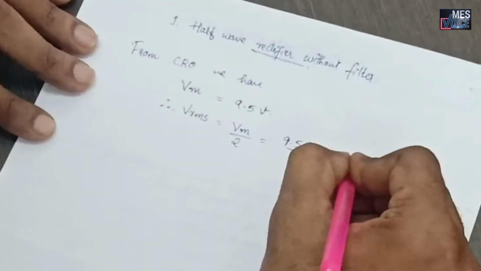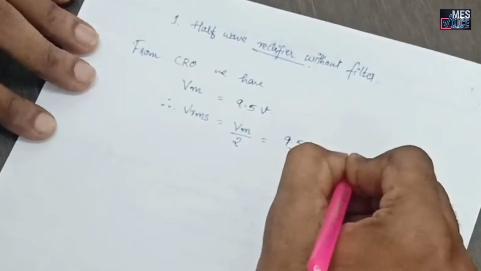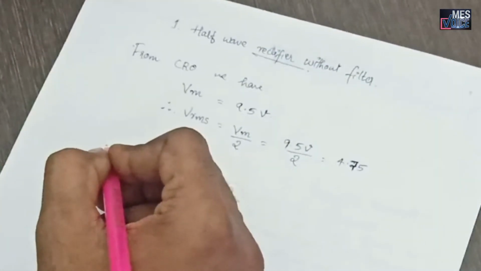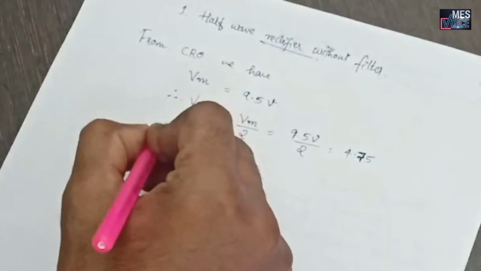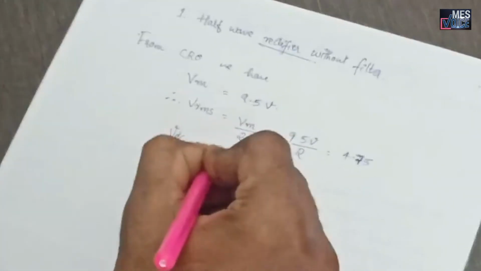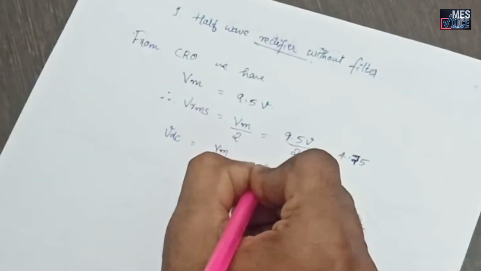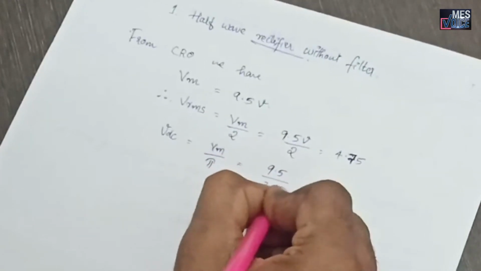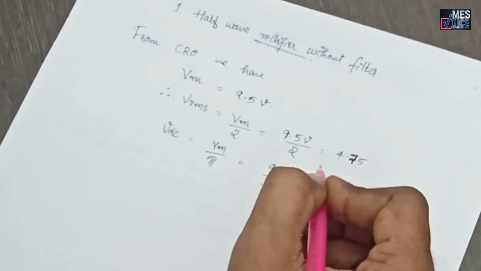Now we have to calculate the VDC to calculate the ripple factor of the half wave rectifier. So we have VDC equal to Vm divided by pi, which is equal to 9.5 divided by 3.1415, which is the value of pi, that is equal to 3.0240.